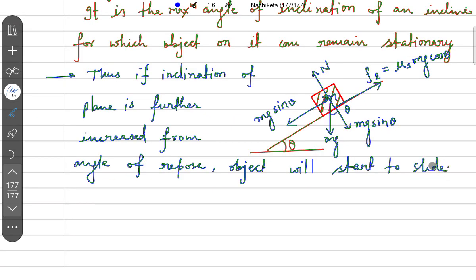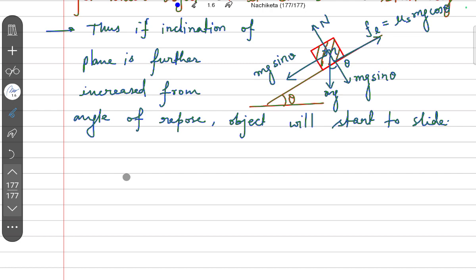Does it make sense? Yes. So now the numerical calculation will be what?